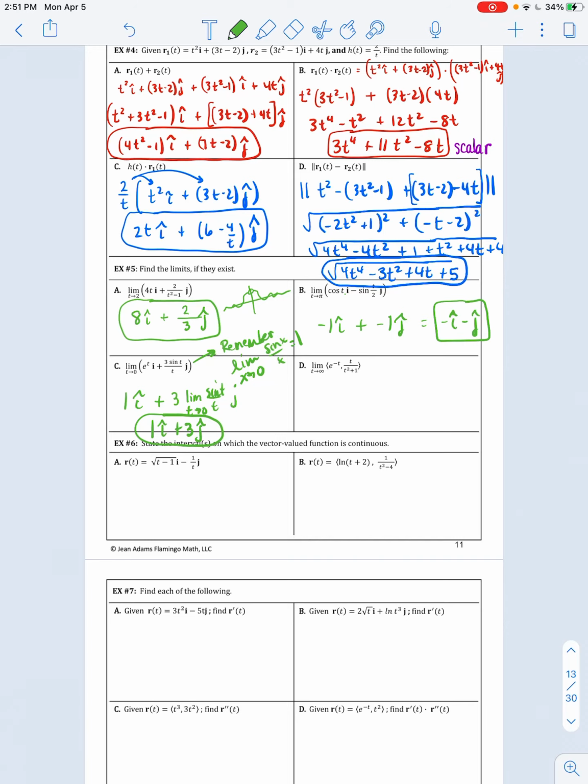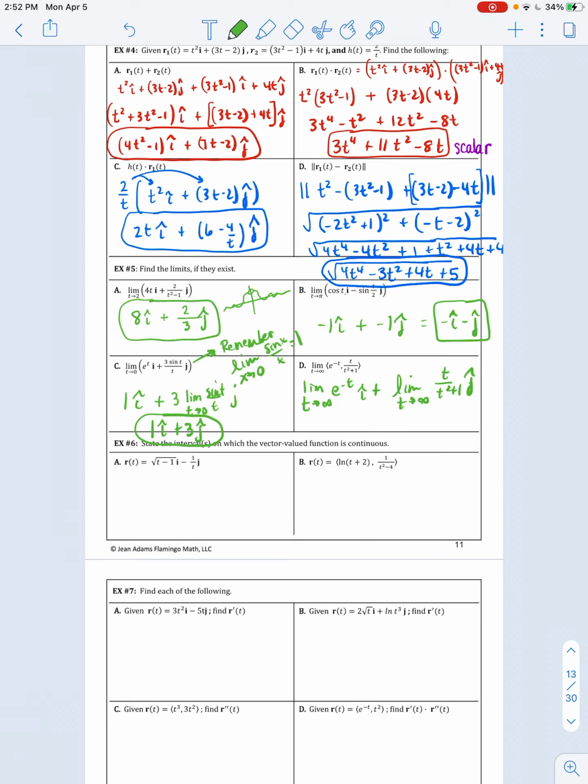And then part D, this is just a different way to show your vector valued function. You know that you could also call it e to the negative t i plus t over t squared plus 1j. And so you can break this up into separate limits if you want. Times i, limit as t goes to infinity, j.